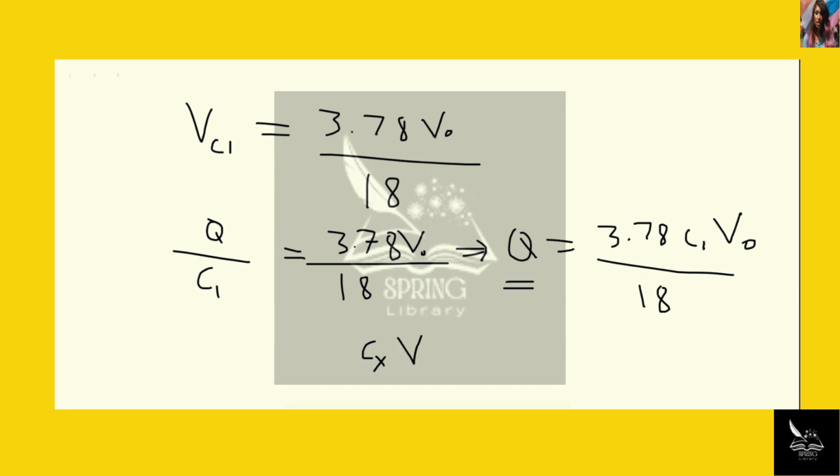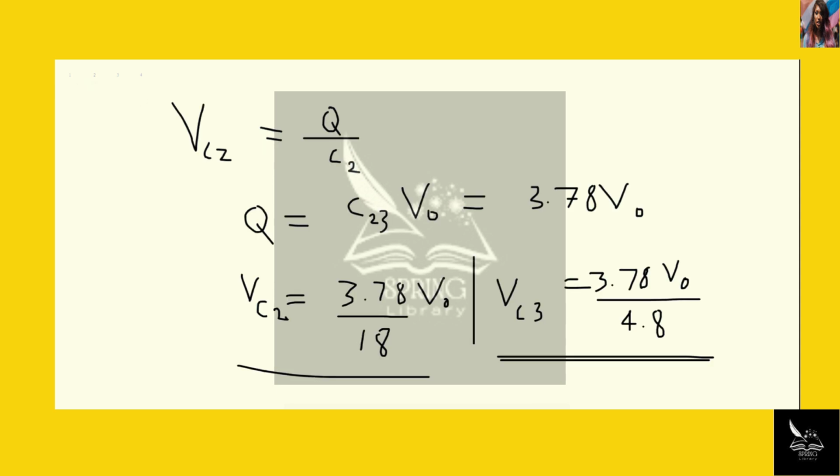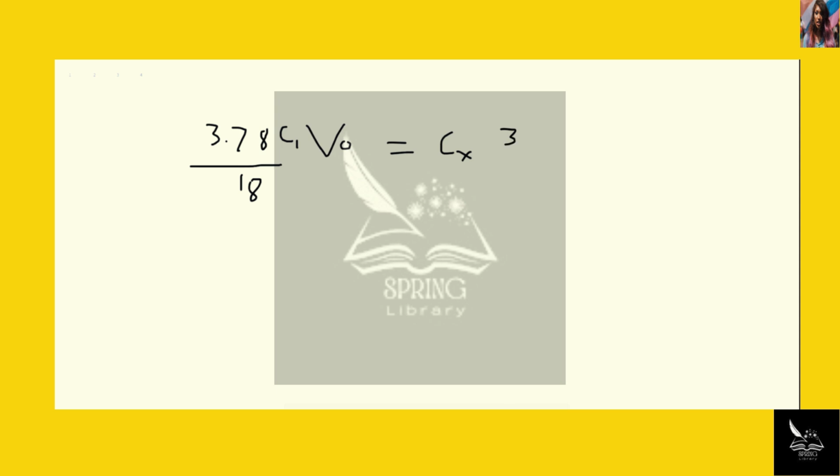Now we can make use of that. Since charge is given by Cx V, now we know Q, which is equal to 3.78 C1 V0 divided by 18, equal to Cx times the value of VC3 or VCx, which is 3.78 V0 divided by 4.8.